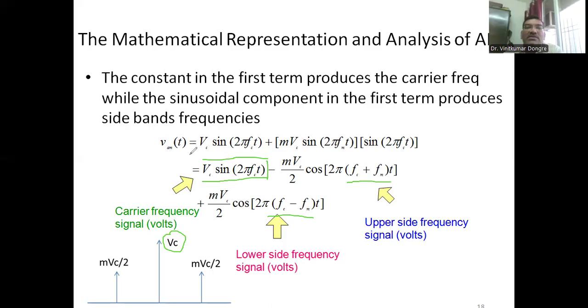This is the general equation that we initially wrote. Now we have split it up into three parts. We will use the same equation for the analysis of the three or four components we are discussing.